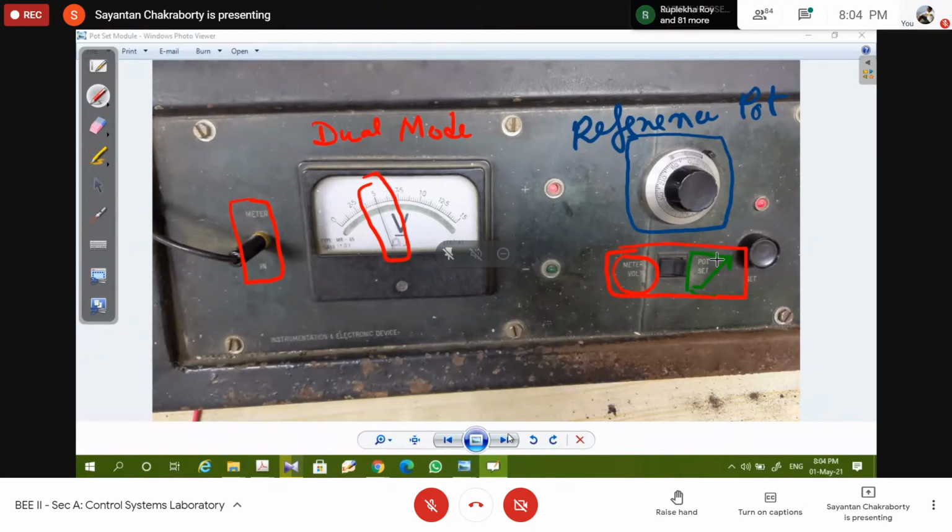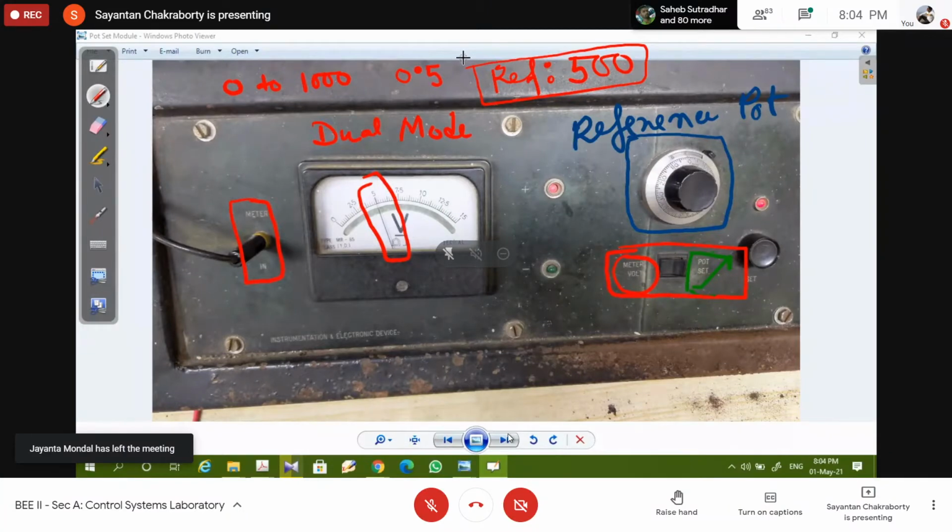I'll explain. Suppose you want to set a value of 0.5. Now this reference port has calibration 0 to 1000. Right? To set 0.5, you have to set the reference port to 500. And this is like a simple linear scale arrangement.